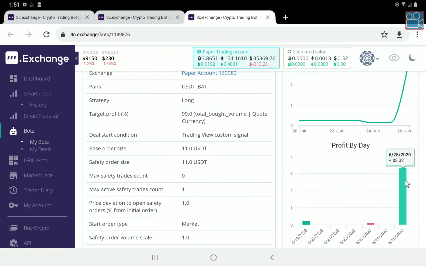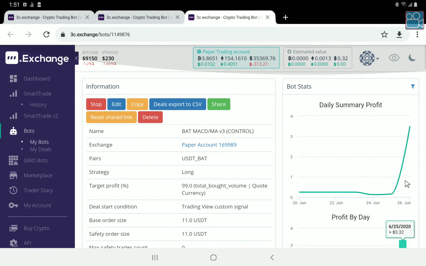Now this is using the inverted logic of the EMA 200 line. So $3.32. That is a pretty good profit for this strategy. Now remember, it only has a 62.5% success rate. So out of every 100 trades, 62 of them are going to be profitable. That's still pretty good.